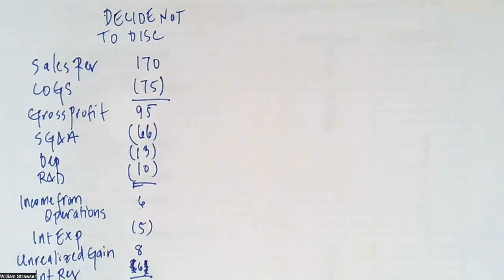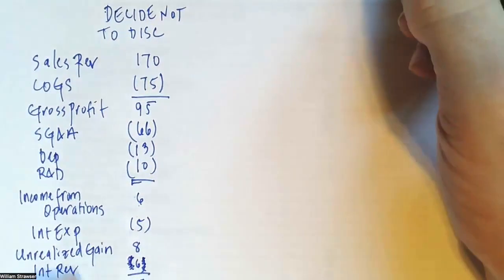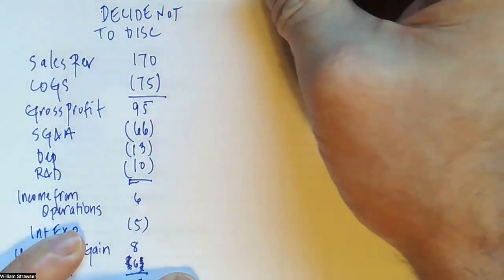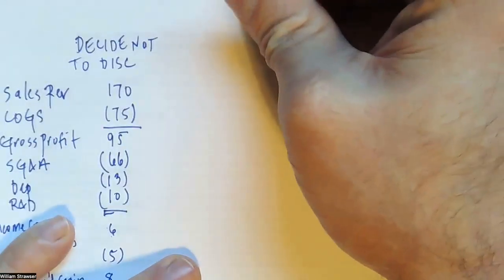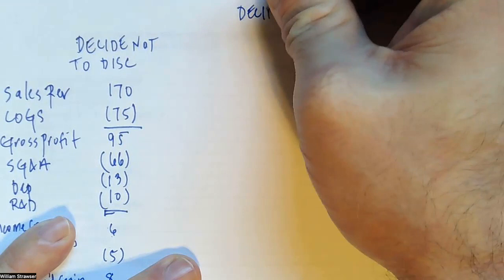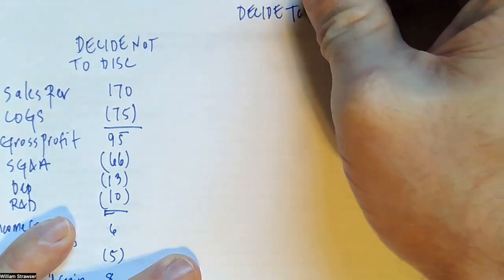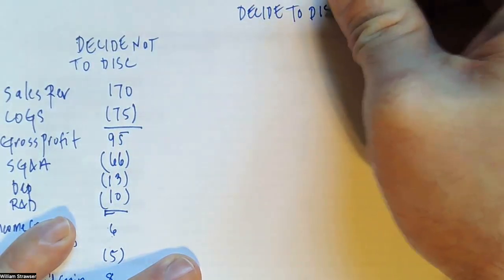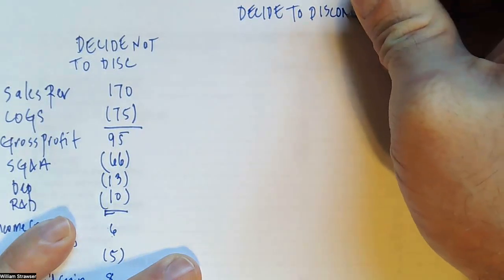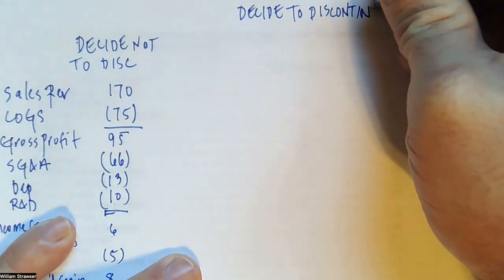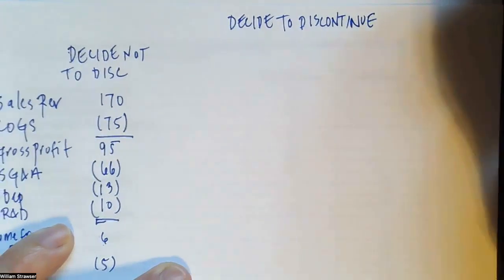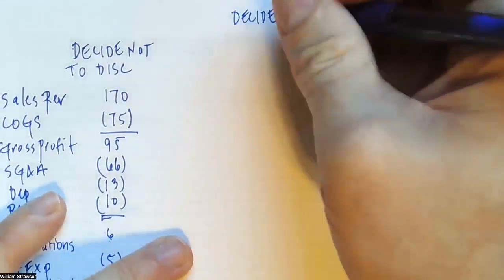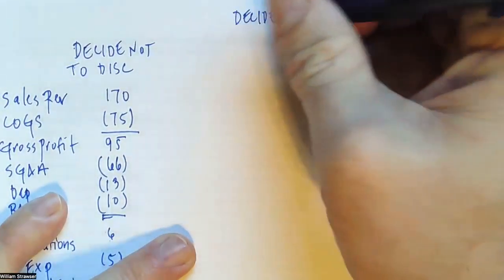All right, so now this is where it fell apart the other day, and it won't today. So I promise. Now, if we decide to discontinue, then we are breaking the company into 2 pieces. We are taking the discontinued portion out.